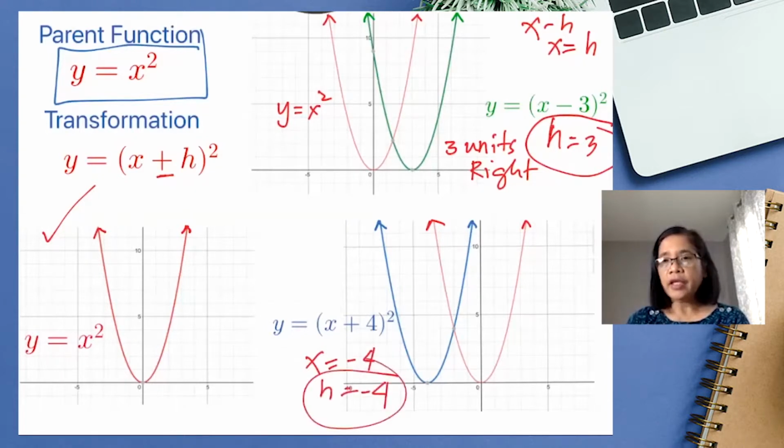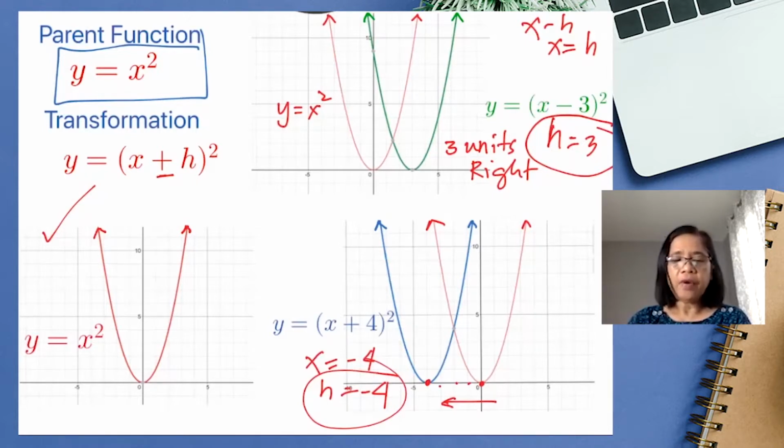So h negative 4 means you move 1, 2, 3, 4. The vertex here is moved 4 units to the left. Be careful again. The main confusion here is that when students see the plus sign, they think that they have to move to the right. It's not the case. You have to move to the left.